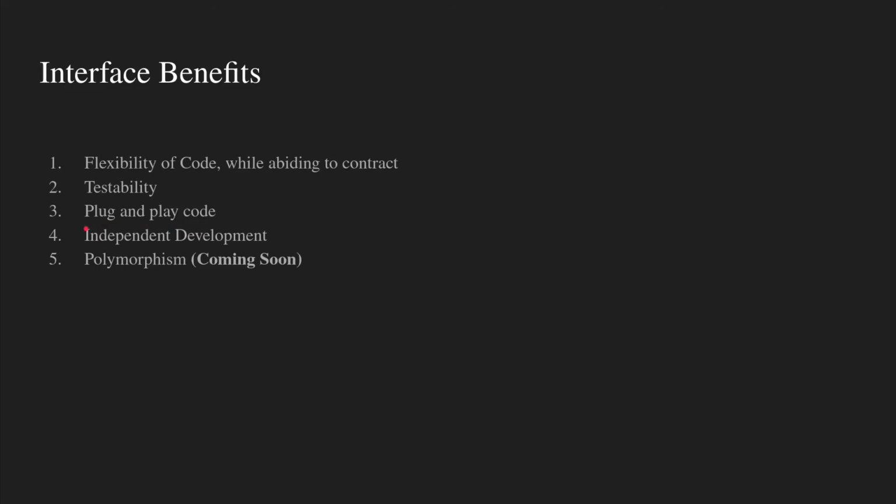This is something we'll be talking about more, the idea of software testing and actual development acceleration. It allows you to make your development of your application or your code independent of another party. That's something I really can't wait to talk about, but it's not something we're going to talk about today. And it also helps us with polymorphism, which is going to be coming very soon to a theater near you.